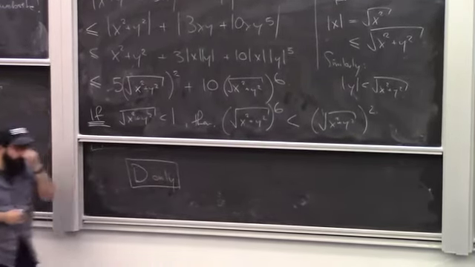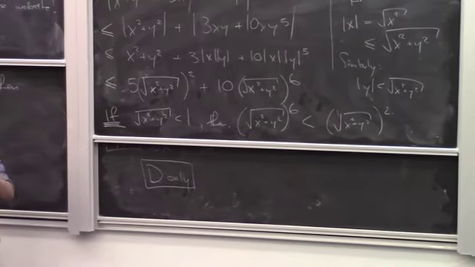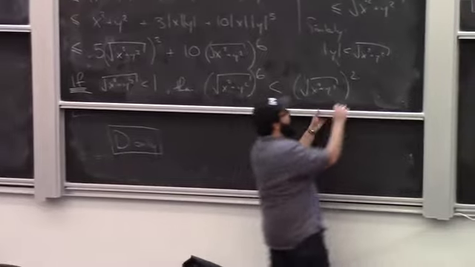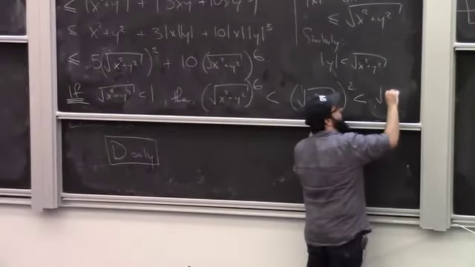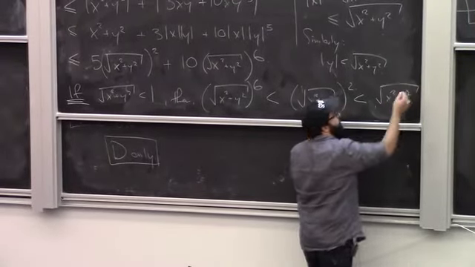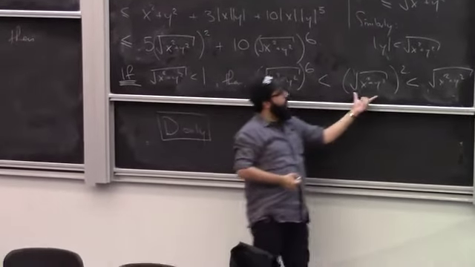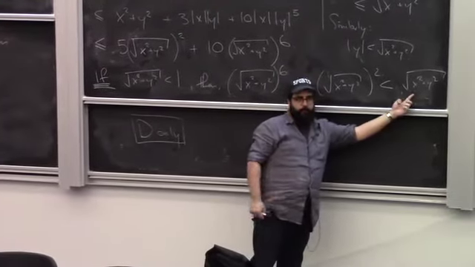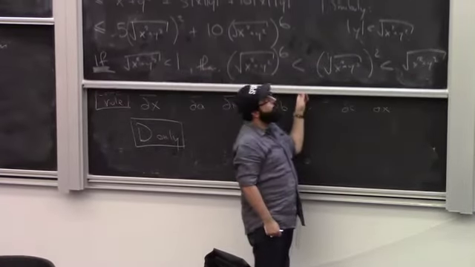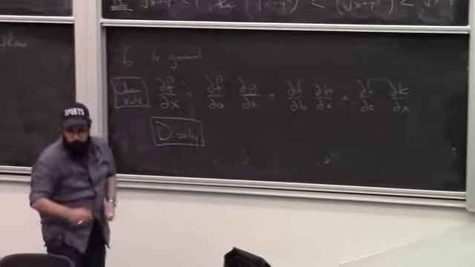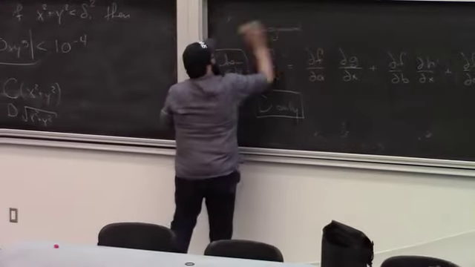Because if you take a number that's less than 1 and raise it to a power, it goes down, right? In fact, even I can say this: if it's less than 1, then this quantity squared is less than itself. So let's do that.